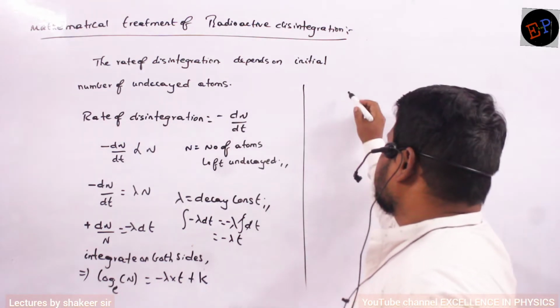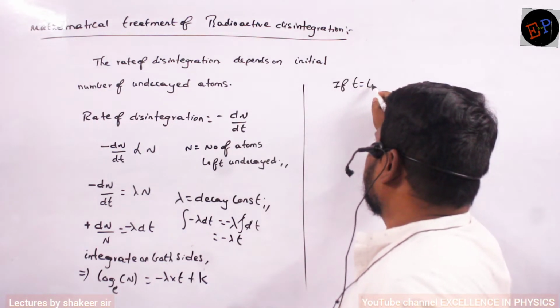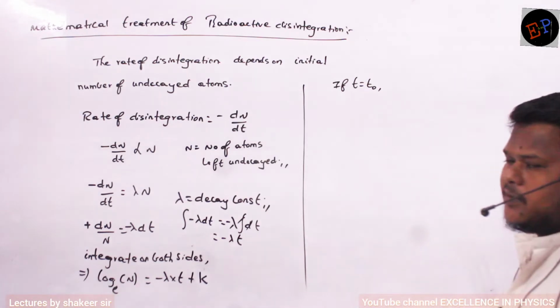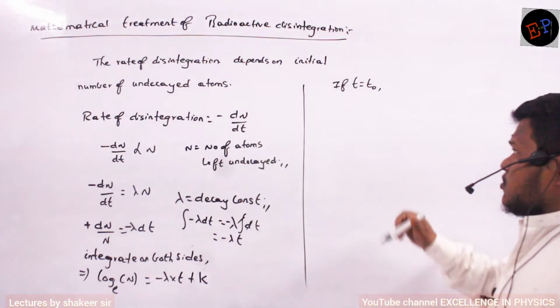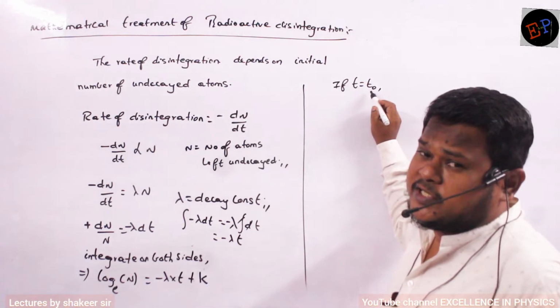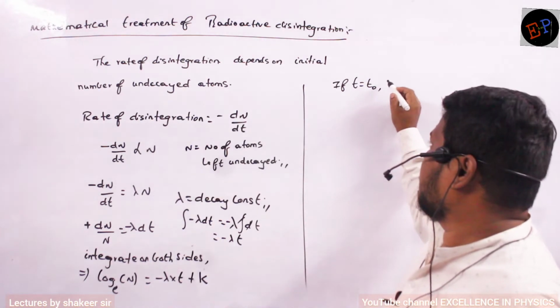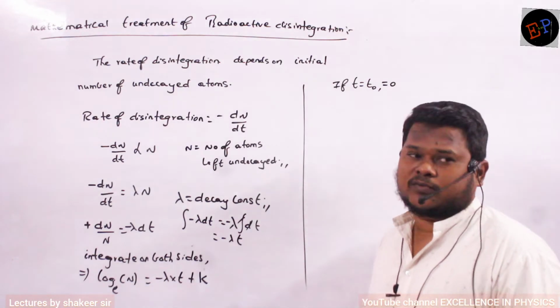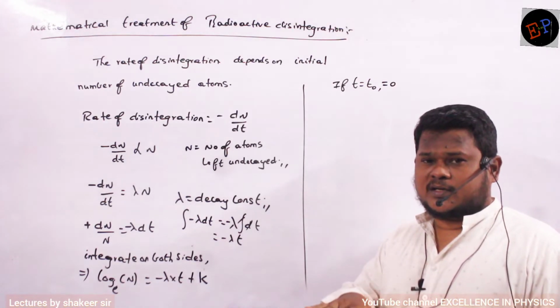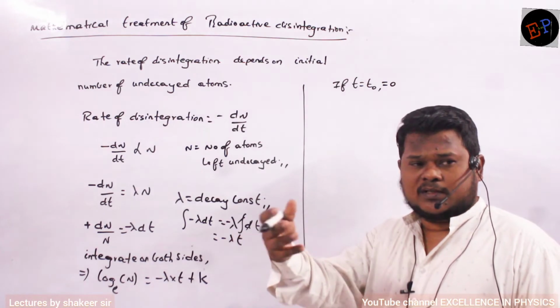See, if t is equal to t naught, what is meant by that? When I started observation, that time is called the initial time, and I will call it 0.